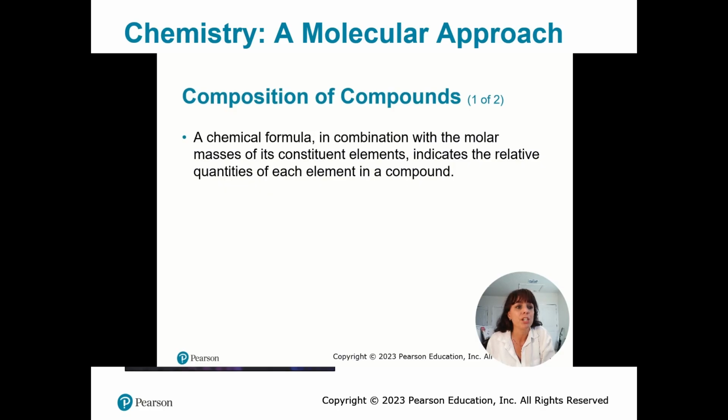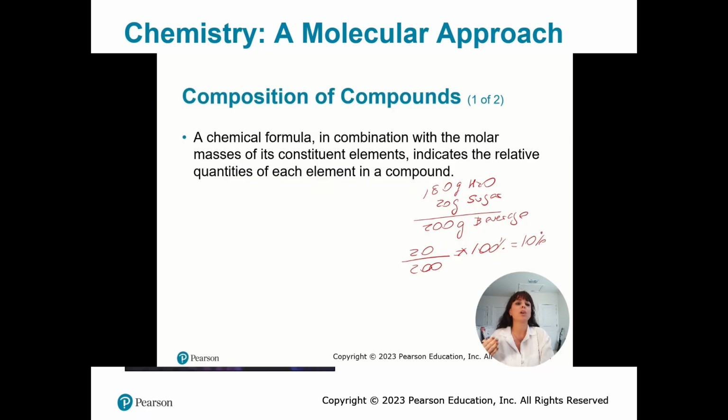Imagine I have a beverage that has 180 grams of water and 20 grams of sugar. So I can say, okay, in total I have 200 grams of this beverage, right? So I know that I have 20 grams of sugar. And if you divide by the total, and multiply by 100, because I want a percentage, I'm going to have 10%. So 10% of my beverage is sugar.